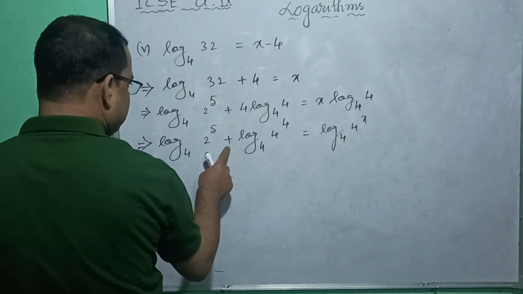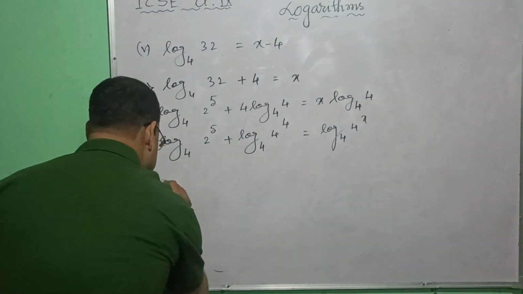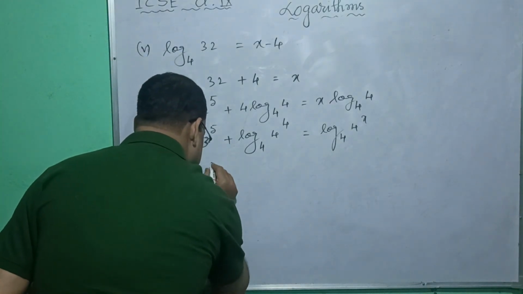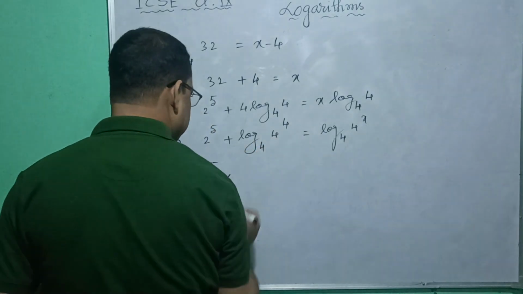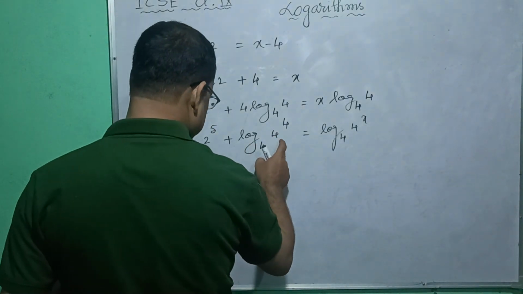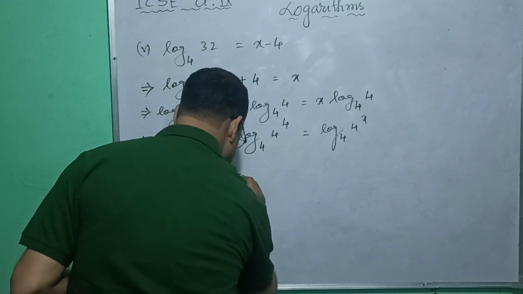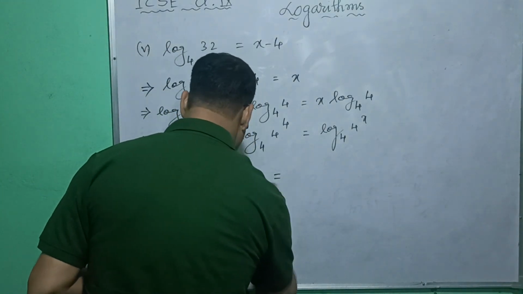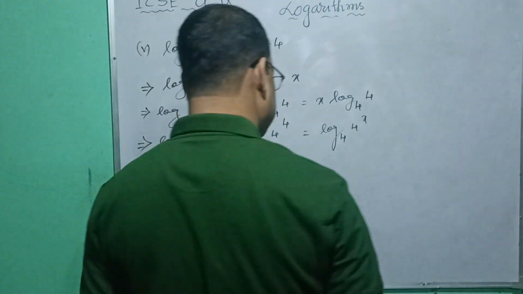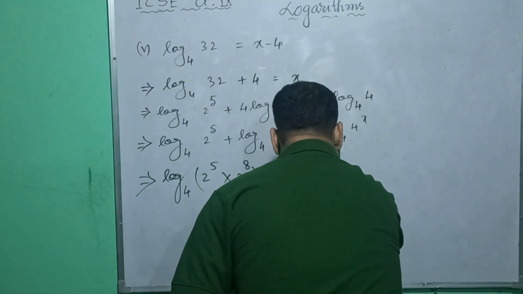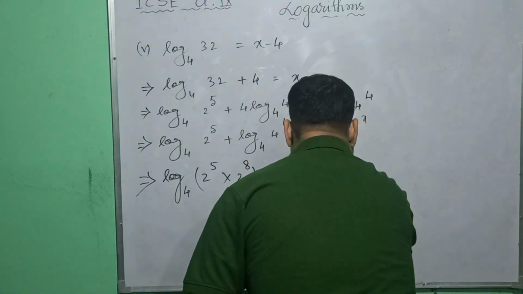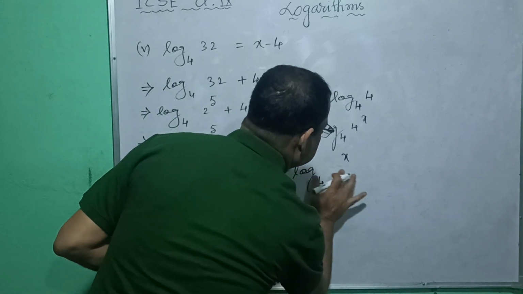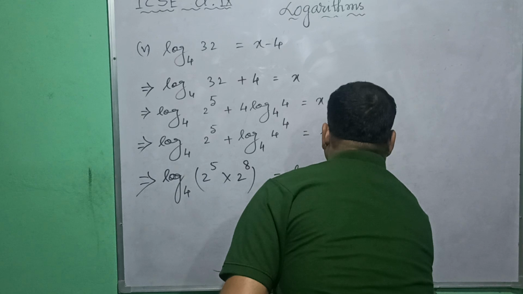Now as it is plus, we can write log 2 to the power 5 into 4 to the power 4, we can write 2 to the power 8, equal at base 4 to log 4 to the power x at base 4, or we can write here 2 to the power 2x.